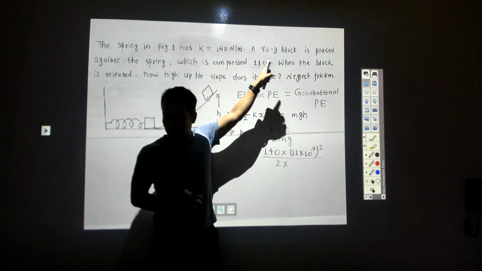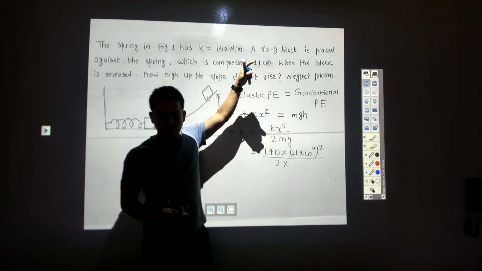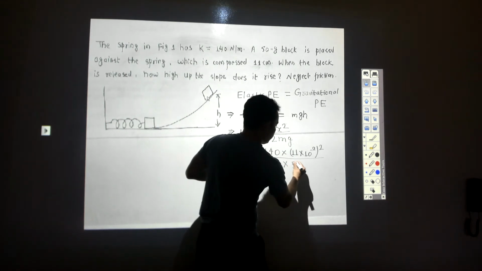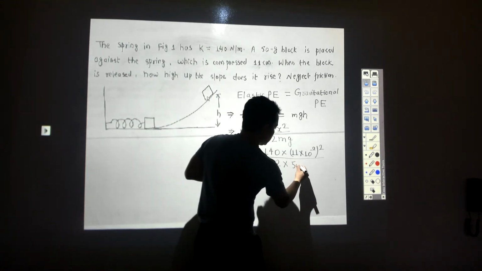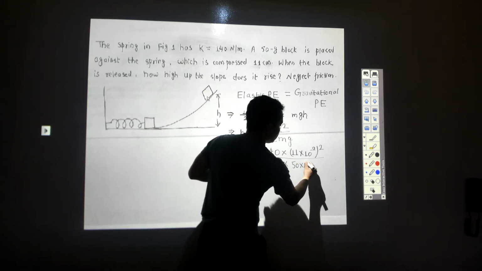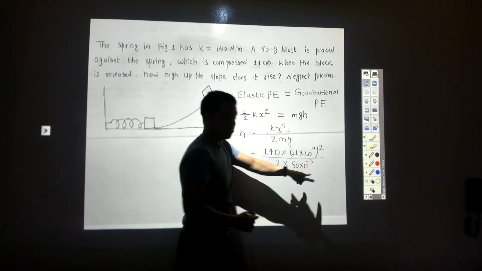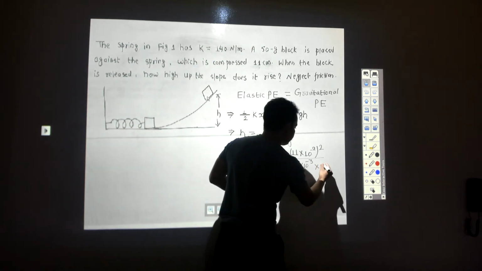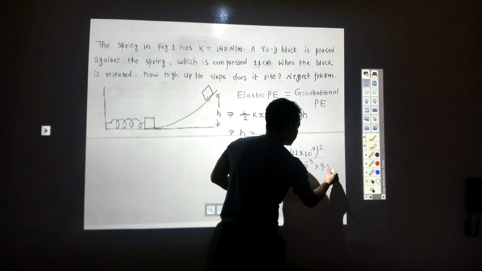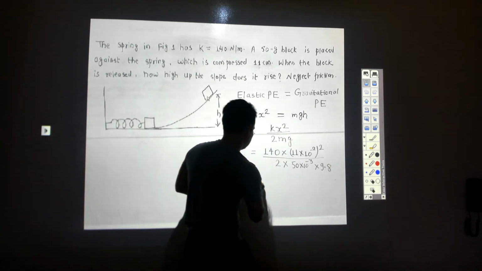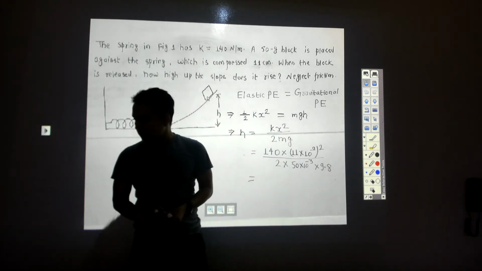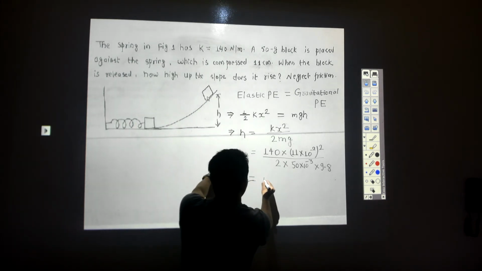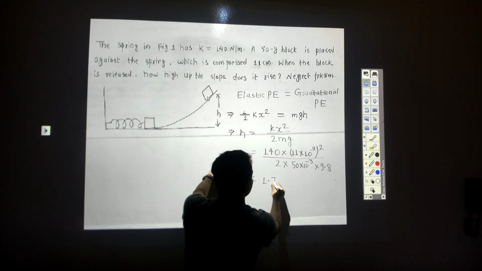You again have to change the 50 grams to kilograms: 50 times 10 to the negative 3 kilograms. And the g value, as you know, is 9.8. Once you do all the math, the answer you will get is 1.7 meters.